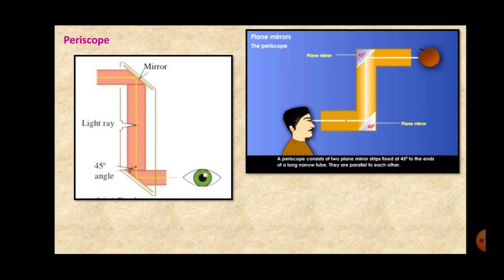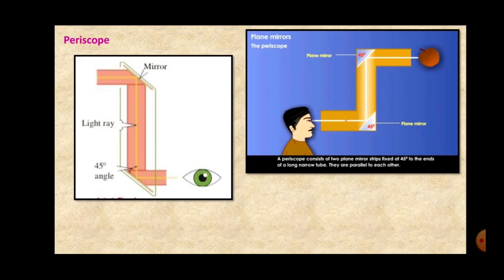Now as you can see in the picture, students, in the first one the periscope is there, and in the second one we have shown how the working of the periscope takes place. Now this can be made. I will just repeat the procedure of how you can make this periscope at home.